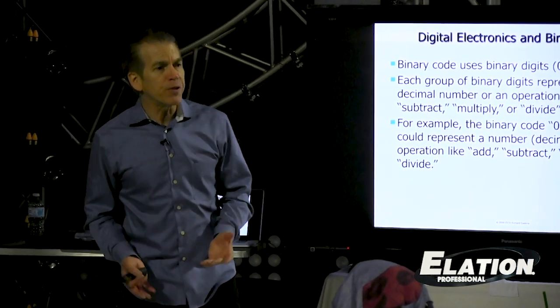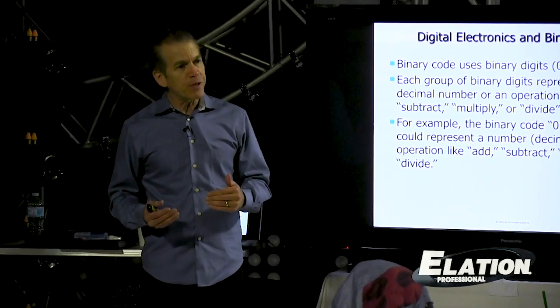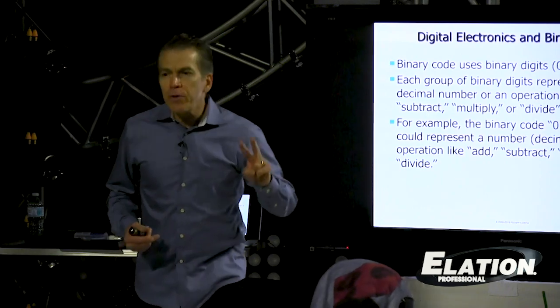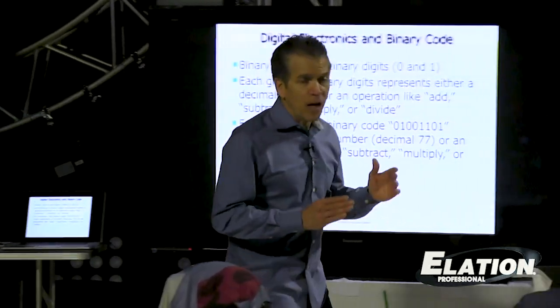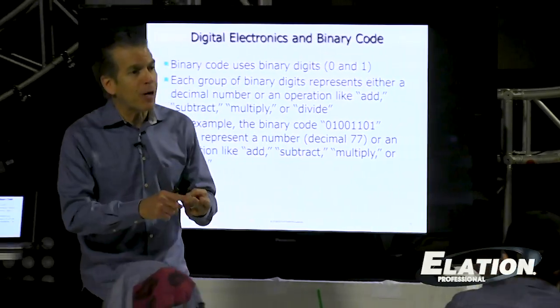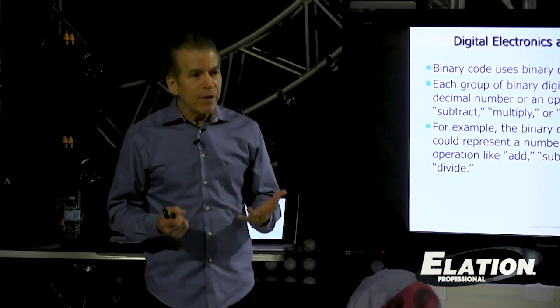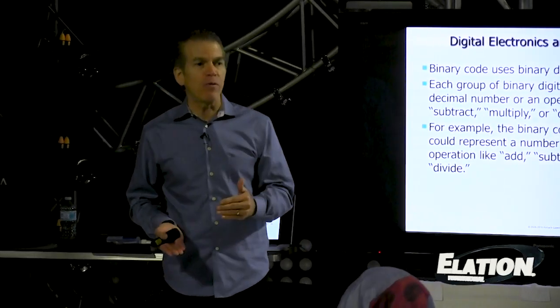So if there's no voltage, that represents a binary 0. If there's voltage, that represents a binary 1. And just with those two digits, they're grouped together. They can either represent an operation, like add, subtract, multiply, divide, logical and, logical or, or they can represent data like numbers, like the DMX value.